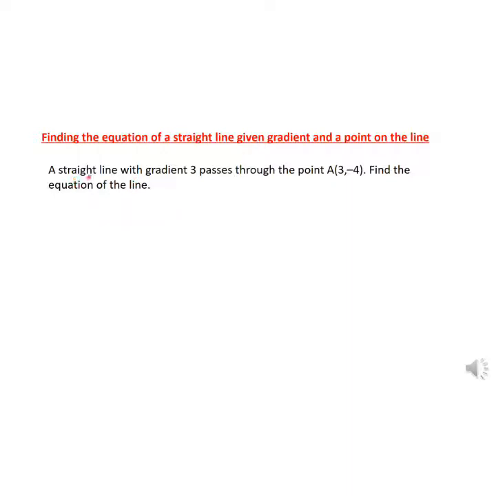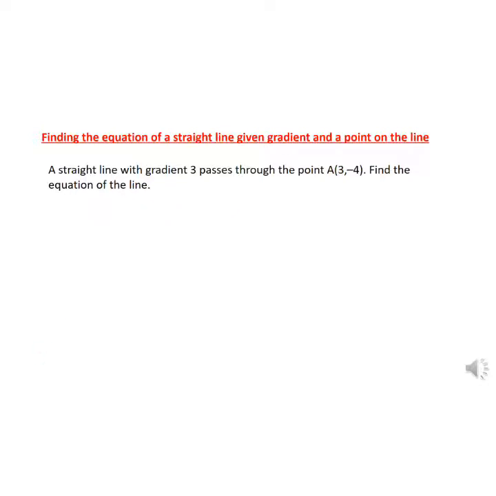A straight line with gradient 3 passes through the point A (3, -4). Find the equation of the line. Here we are asked to find the equation of the line with gradient 3 passing through the point (3, -4).